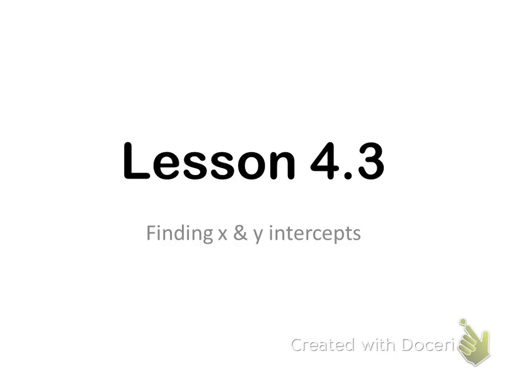Lesson 4.3. What we're doing is we are graphing and finding the x and y intercepts, okay? What x and y intercepts are is the place on the graph where our line crosses the x-axis and crosses the y-axis. For instance, if I were to write a graph that looks like this.